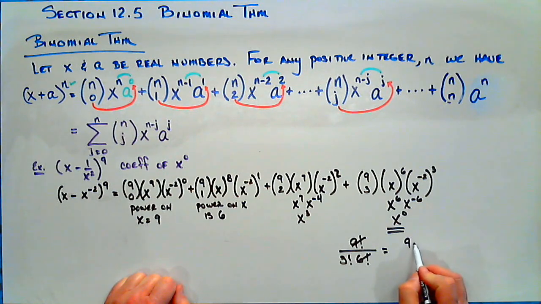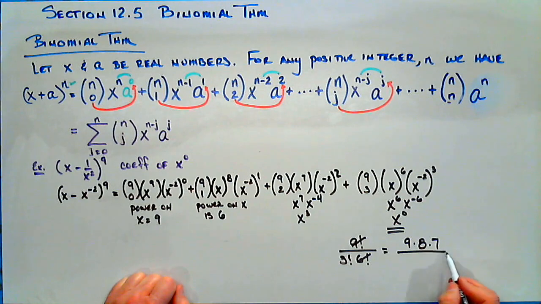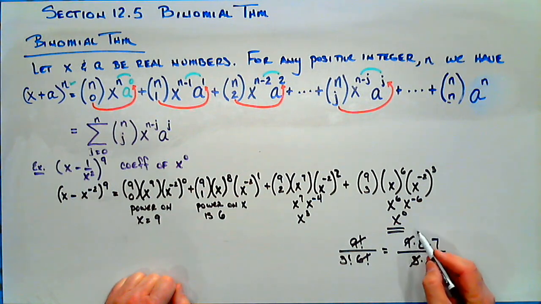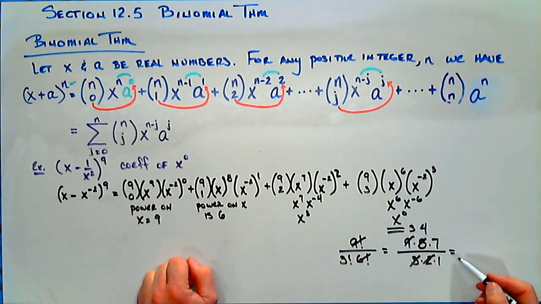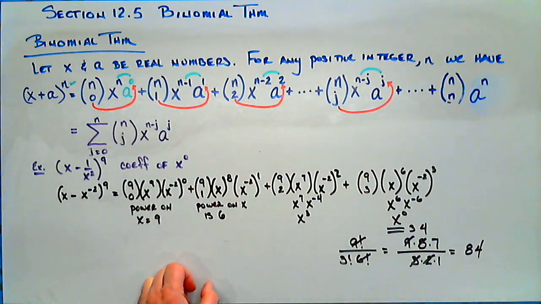That gives us 9 times 8 times 7, because 6, 5, 4, 3, 2, 1 is all gone. 3 times 2 times 1. Well, 3 goes into 9, leaves me a 3. 2 goes into 8, leaves me a 4. Right? So what do we get? We get 12 times 7, 84.